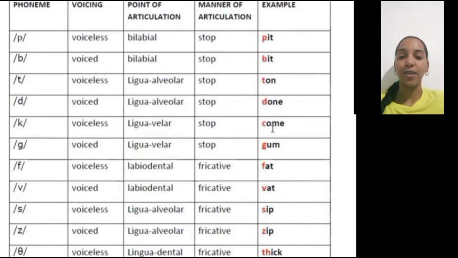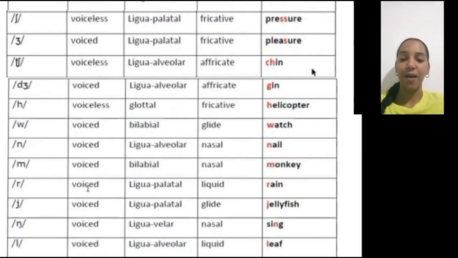Then we have the phoneme th, which is voiceless, dental, fricative, and an example is thick. Then we have the phoneme sh, which is voiceless, palatal. It is palatal because the tongue touches the hard palate.